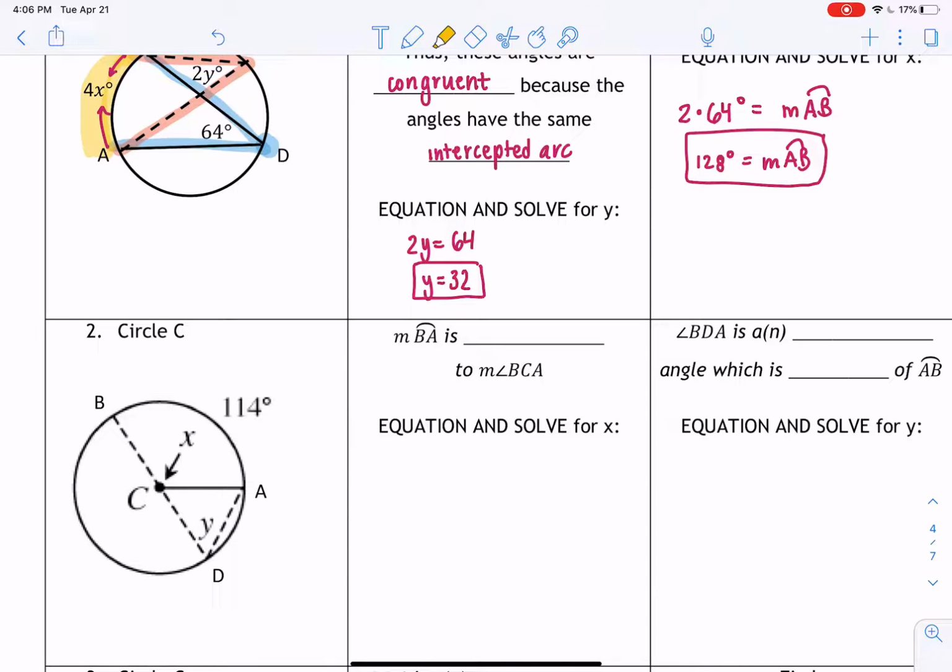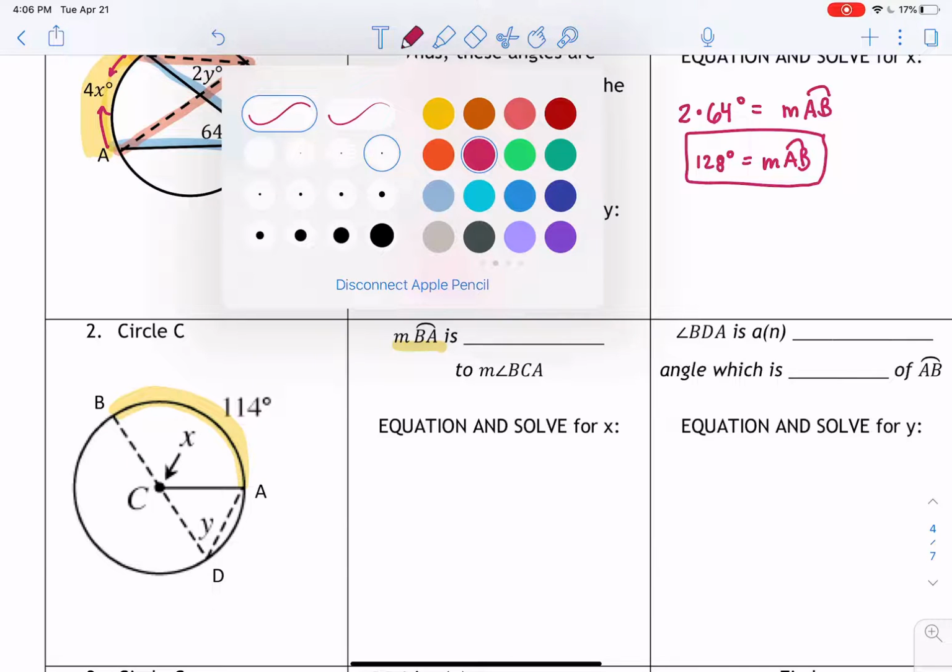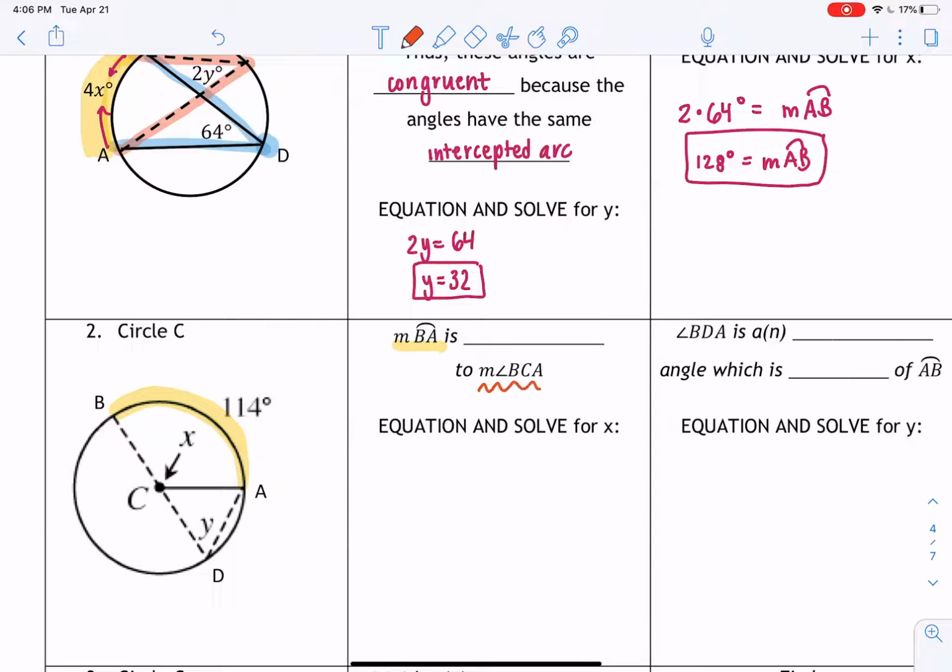Okay. Arc BA, that's here. The measure of arc BA is 114 degrees, and we're looking for blank 2. So is it half, or is it congruent, equal? Measure of angle BCA.